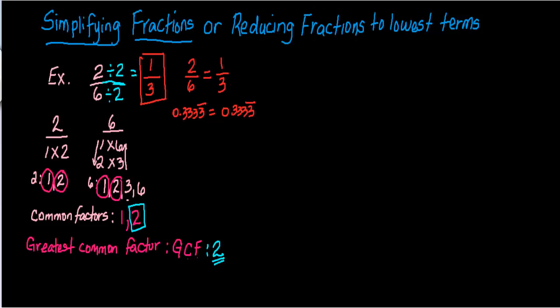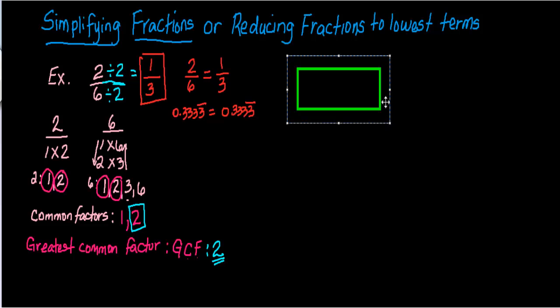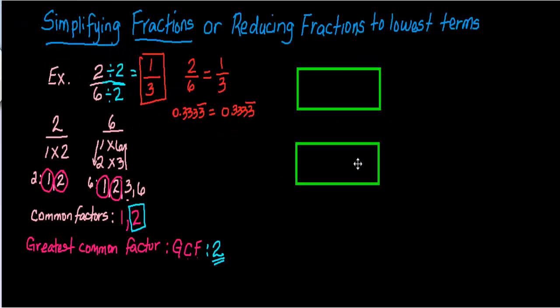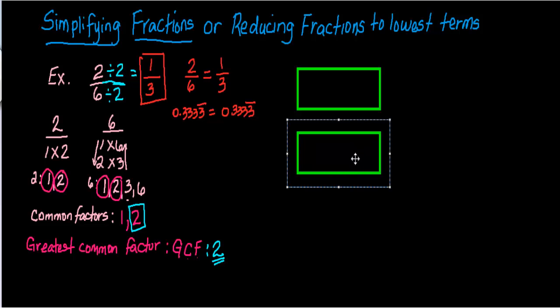Okay? Now let me show you a visual of this. Let's say I have a rectangle like this, and let me copy this rectangle and make a copy that's exactly the same as this one. There. In the top rectangle, I am going to model 1/3.